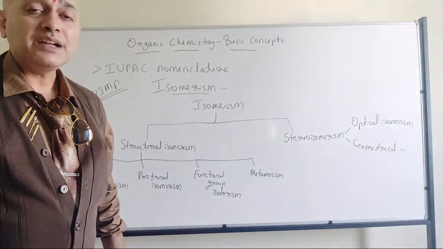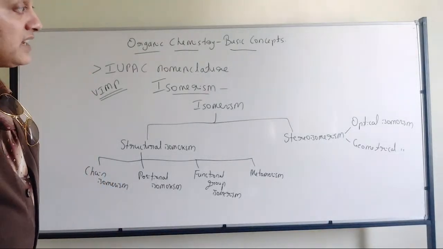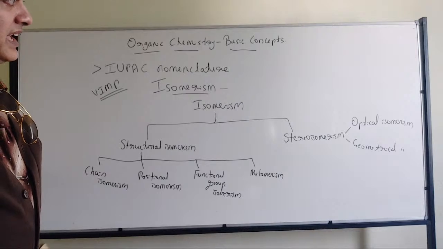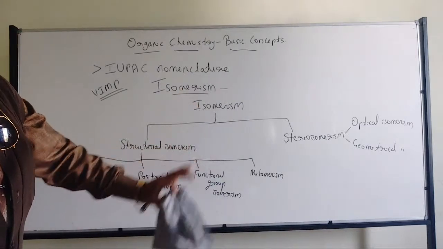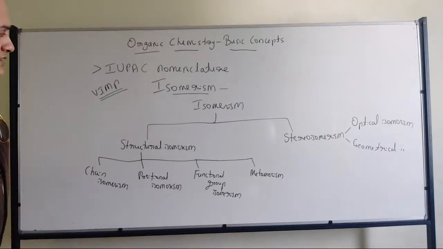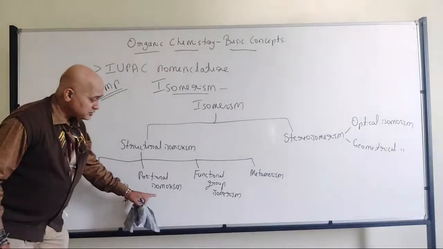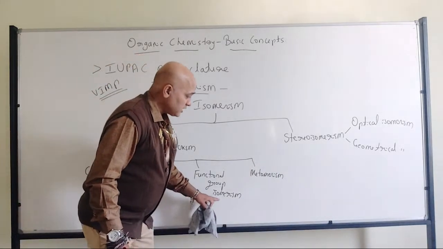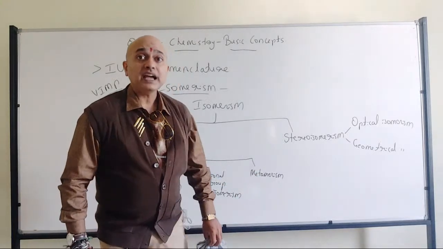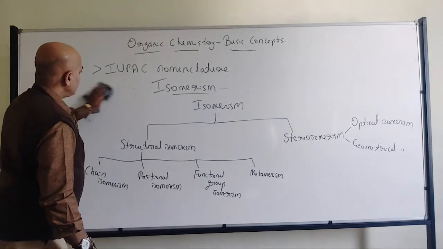How those elements are arranged around the carbon is what stereoisomerism deals with. For the time being we are not going to discuss it. We focus on structural isomerism, where you can expect questions. In structural isomerism we have chain isomerism, positional isomerism, functional group isomerism, and metamerism. All of you have understood?